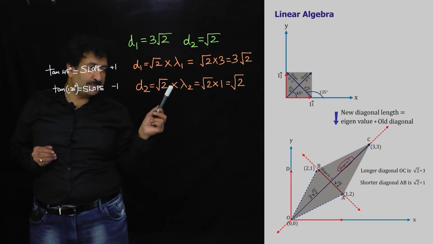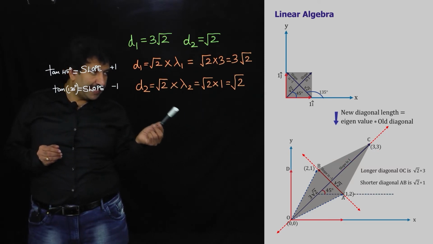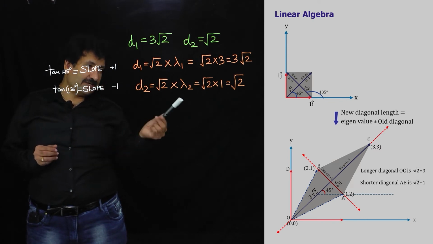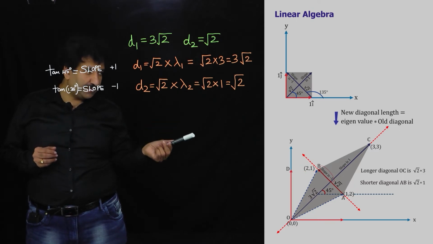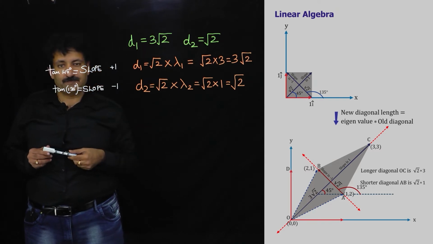So the slope obviously happens to be plus 1. It makes an angle of 45 degrees to the positive x-axis. And if you look at the shorter diagonal, the coordinates are 1, 2 and 2, 1, and you can easily reckon the slope to be minus 1, makes an angle of 135 degrees with respect to positive x-axis.